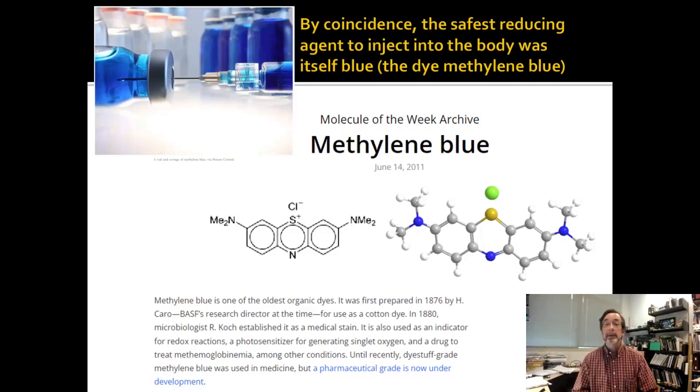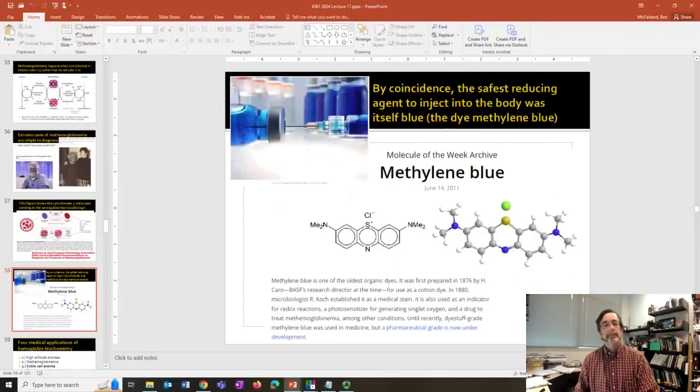It's all about electrons, and so you can apply electrons in a way that they get passed to the right place. Because the problem is right there in the blood, a blood-borne drug can actually deal with that. So that is our first medical story.